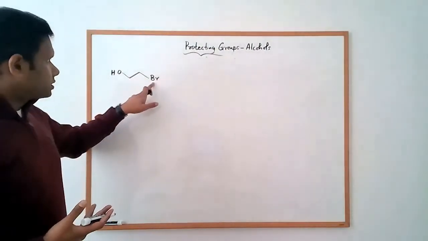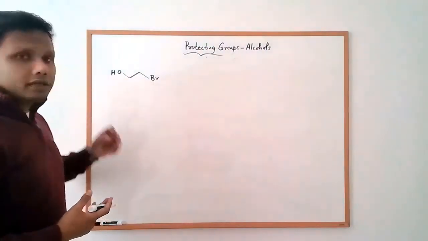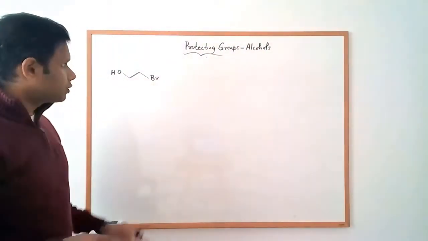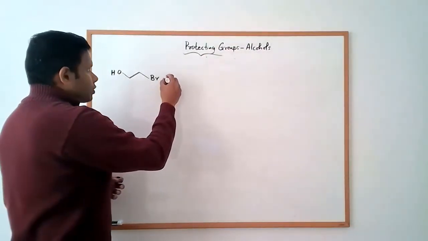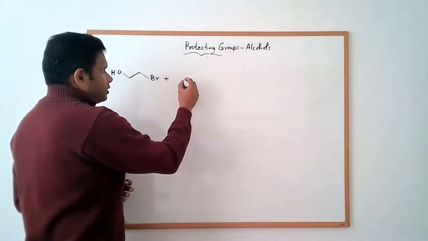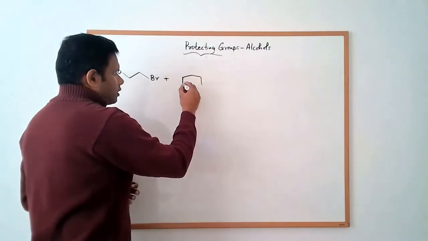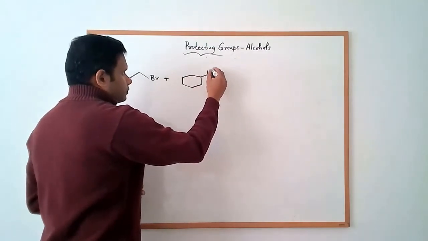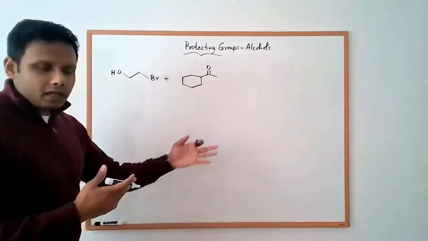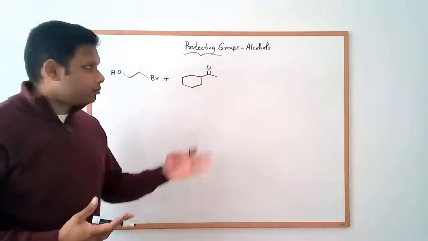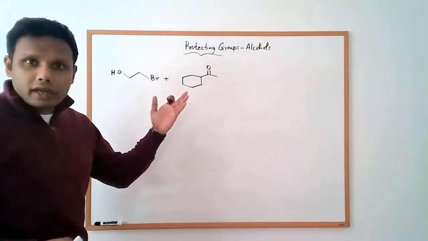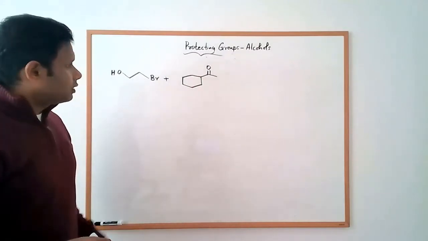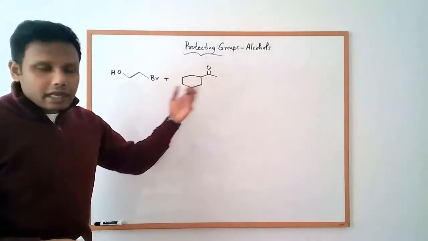It has a bromine functional group and it has a hydroxyl functional group. And what we want to do is react this with a carbonyl compound. Again, I'm just using an example of a ketone here. It does not have to be a ketone. It could be an aldehyde.